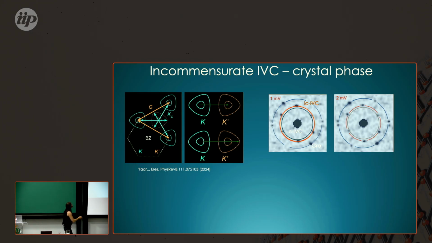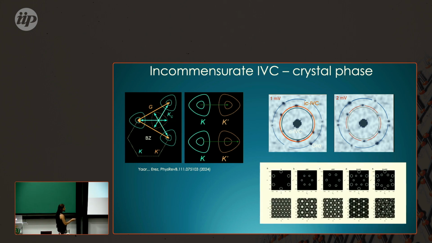And this is actually C3 symmetric, so this could be the phase that we see here in this measurement, where the Bragg peaks are deviating from the actual location.